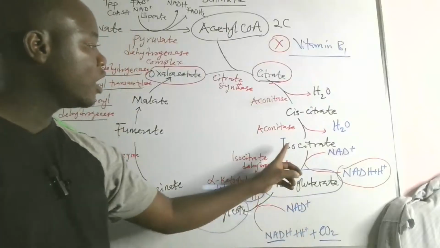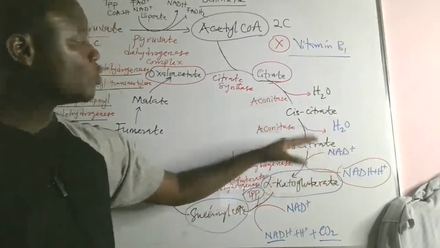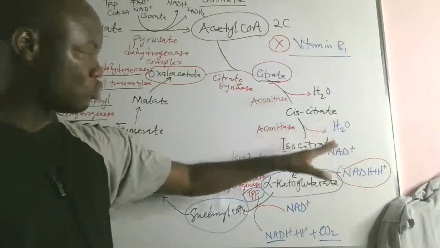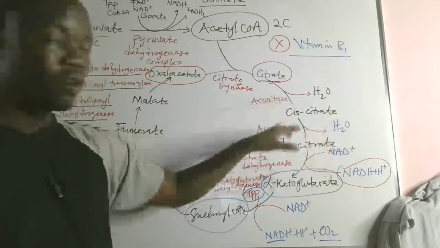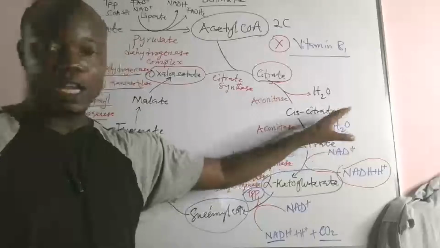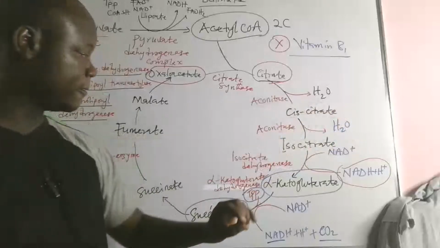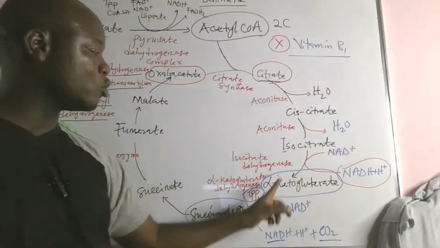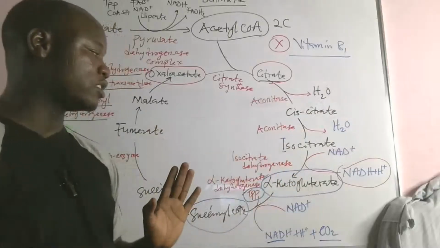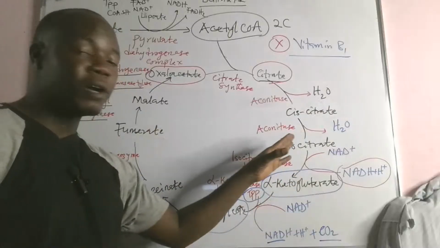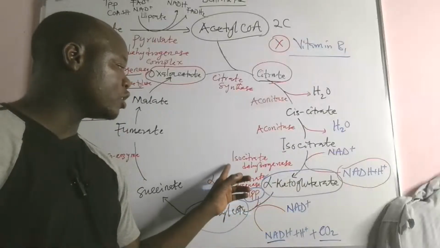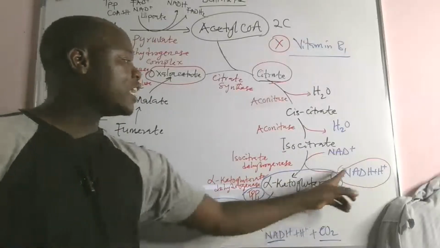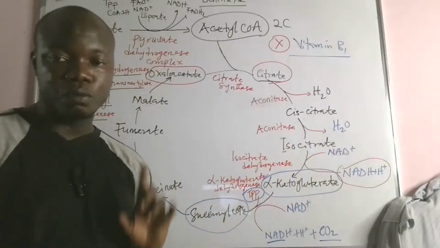Idara Friday, isocitrate is produced by the conversion of citrate to isocitrate using an enzyme called aconitase, and one molecule of water is removed at this point. After we have this isocitrate, it will be converted into alpha ketoglutarate. The enzyme that converts isocitrate to alpha ketoglutarate is called isocitrate dehydrogenase. And at this point, NADH is generated, which is very important.